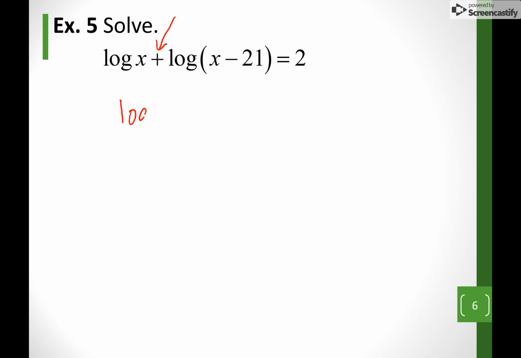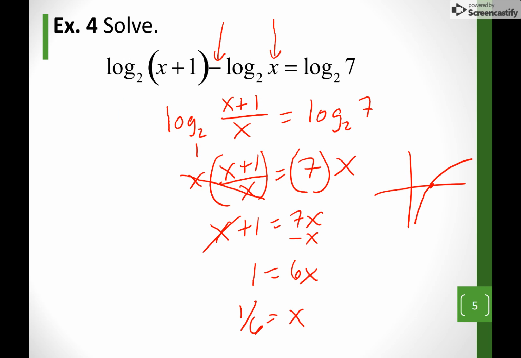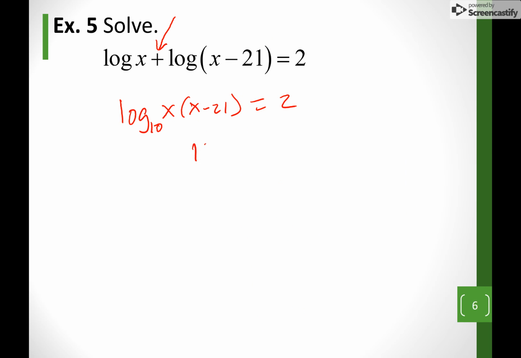I see a plus. I'm going to do multiplication. So I have the log of x times x minus 21 is equal to 2. I see log base 10, so I'm actually going to write it in exponential form. I have the 10 squared is equal to x times x minus 21.